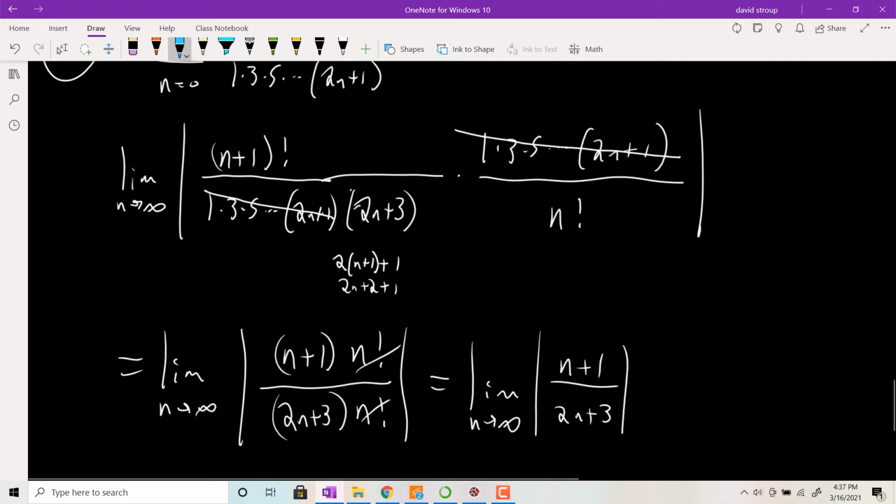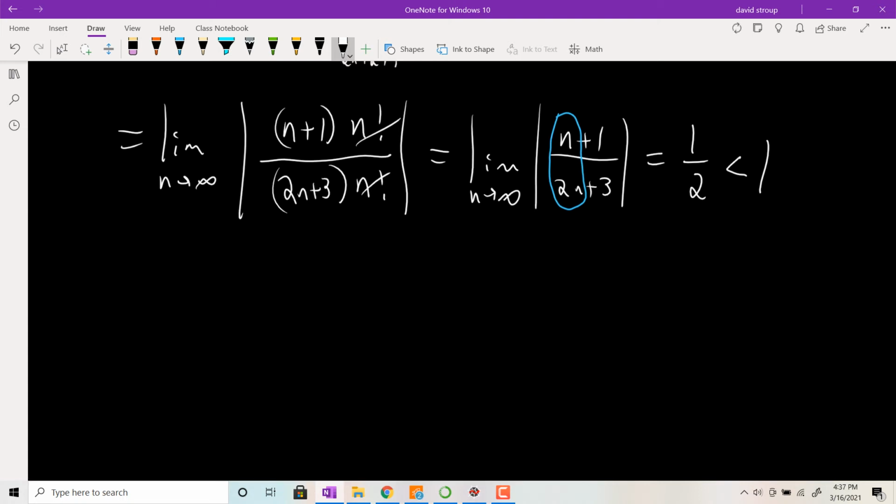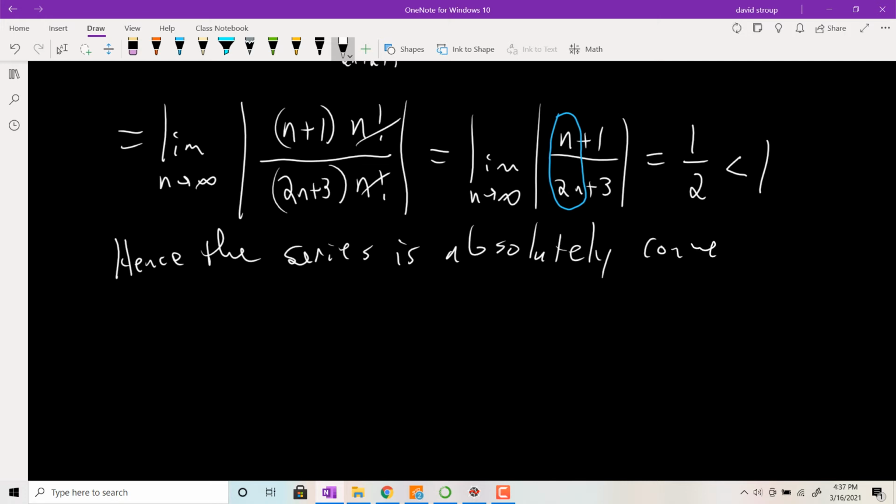And then you could play the trick where you're just circling terms. So you get n over 2n, and then that will just be 1/2, okay, which of course is less than 1, which implies it's absolutely convergent. Hence, the series is absolutely convergent.